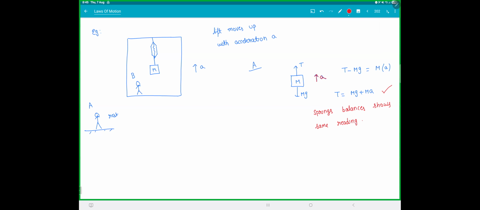Now, if you ask person B to draw the FBD, B will say, okay, there is a block M, there is a tension T, and there is an mg here. And I think the block is not moving because he is at rest, he's inside the compartment.